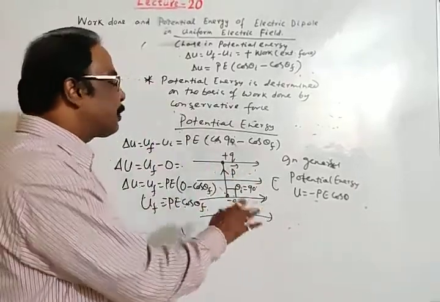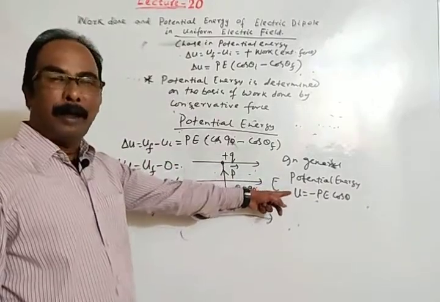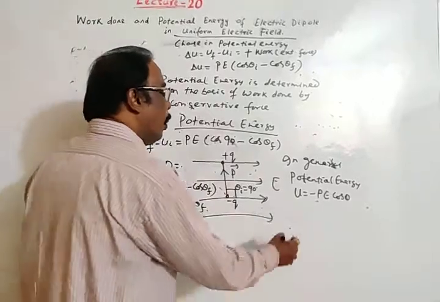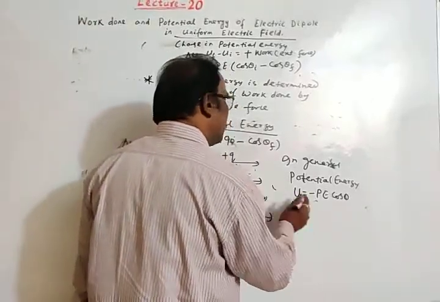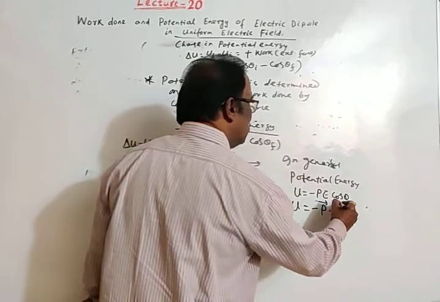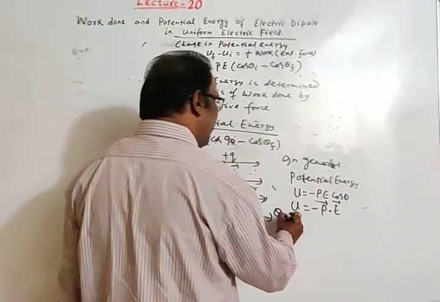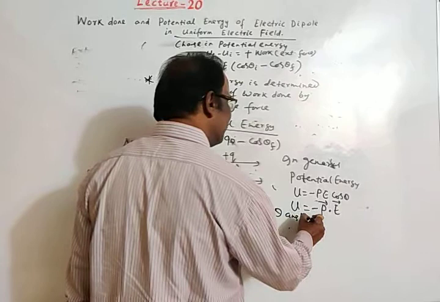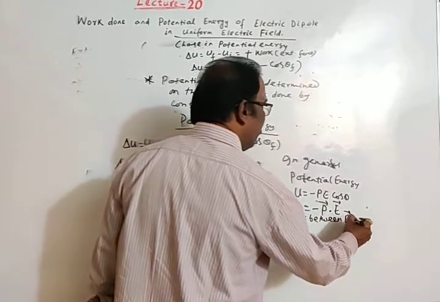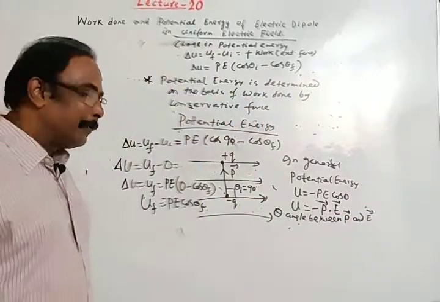At any orientation, if the dipole makes any angle theta with the electric field, then the potential energy is minus PE cos theta, or we may write potential energy is minus P vector dot E vector, where theta is the angle between the dipole moment and the electric field.